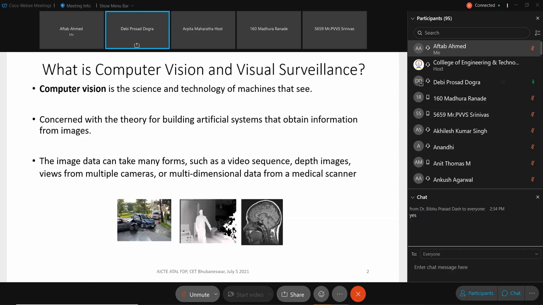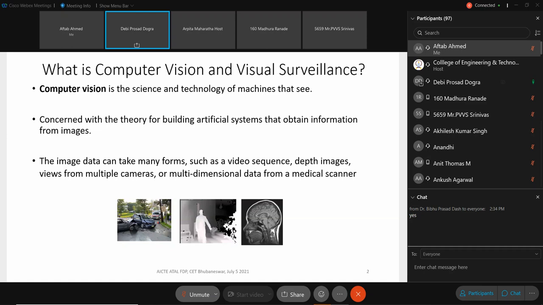When you talk about visual surveillance, we want automatic systems or maybe artificial intelligence guided systems that can actually replace the human actor in the loop. So the surveillance, in a sense, is that we want to observe something for a continuous period, and whenever a sudden change occurs, we would like to flag it so that actions can be taken.